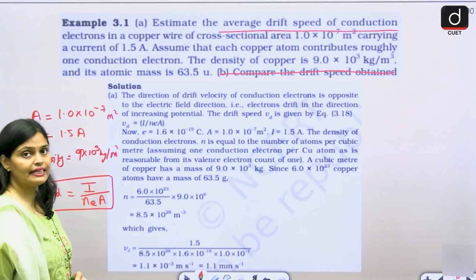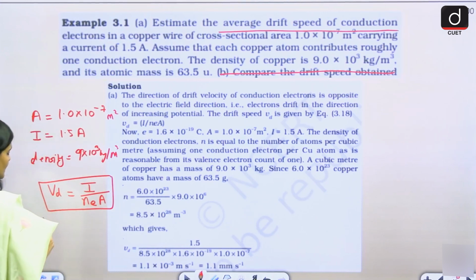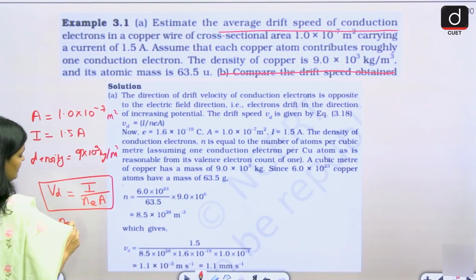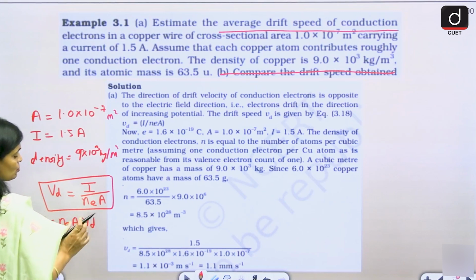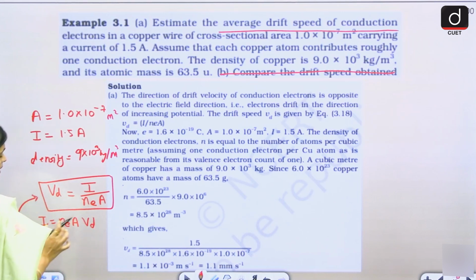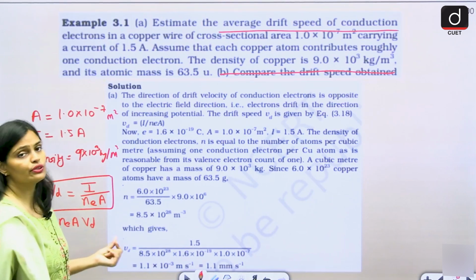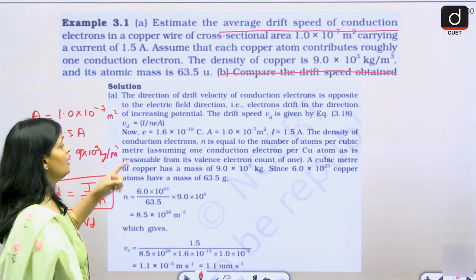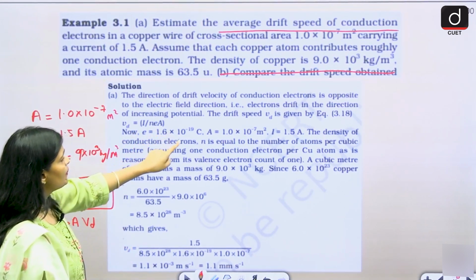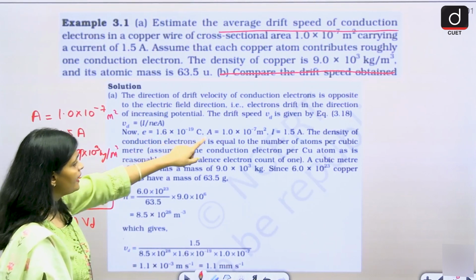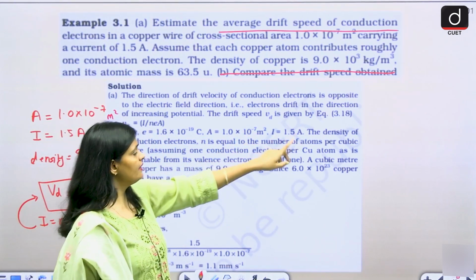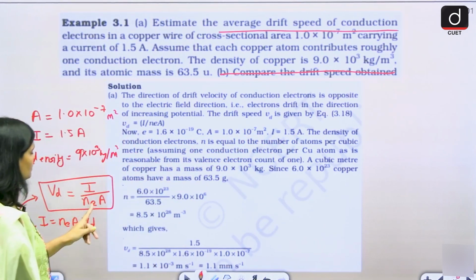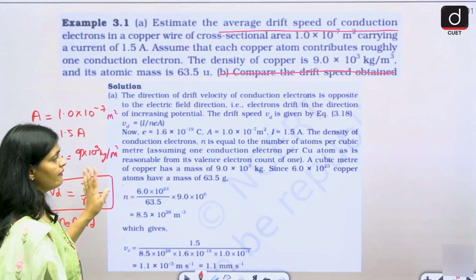We know that I is equal to neavd, so from here we get the formula I by nea, because we have to calculate the drift velocity only. The electron charge, 1.6 coulomb, the area and the current are all given.